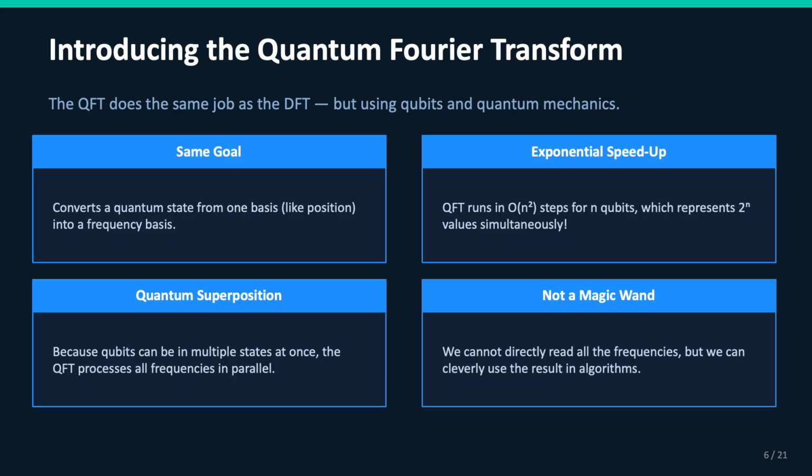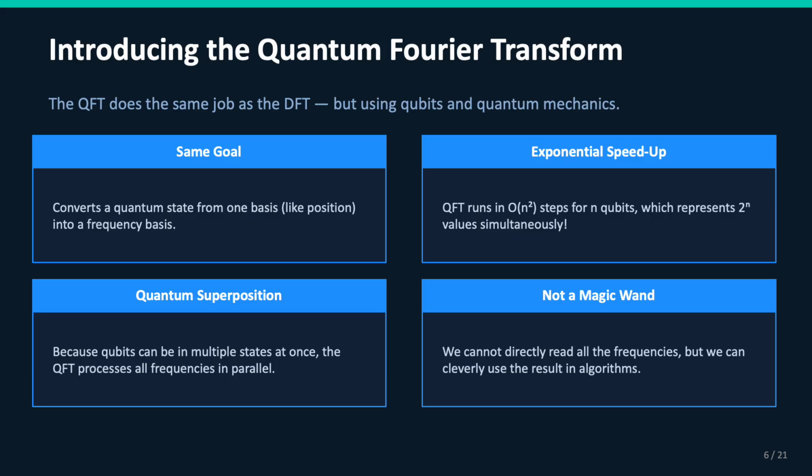The mathematical relationship is nearly identical to the classical DFT, but everything is written in the language of qubits and quantum mechanics. The big difference is power, because qubits can exist in superposition, being many values simultaneously. The QFT can process an astronomically large number of input values in parallel using only a small number of qubits.